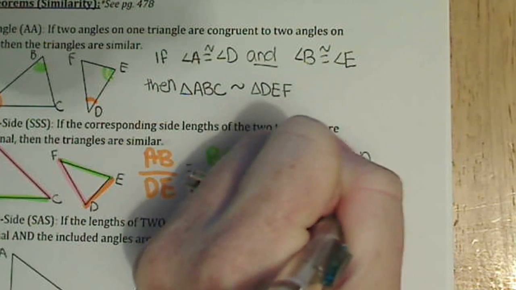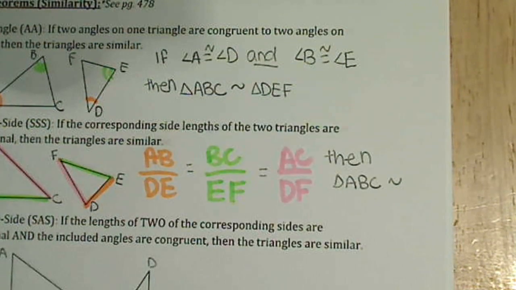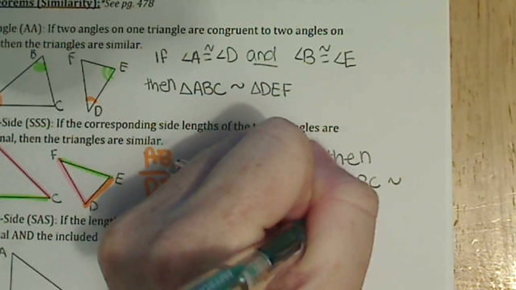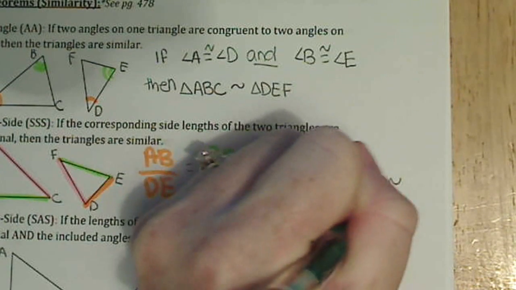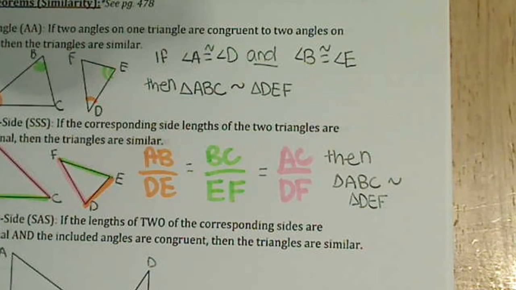Triangle ABC is similar to triangle DEF if all three sides are proportional. If two sides are proportional, are they similar? Not necessarily. All three have to be proportional for them to be similar.